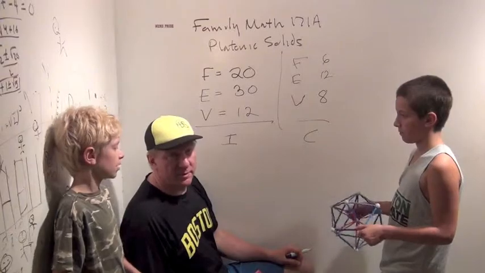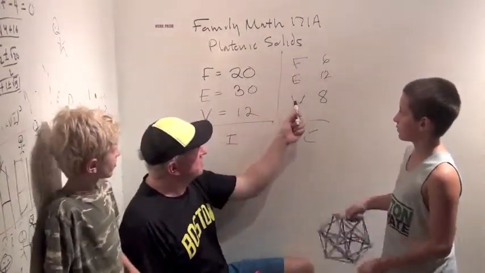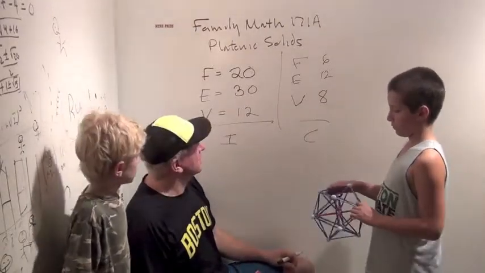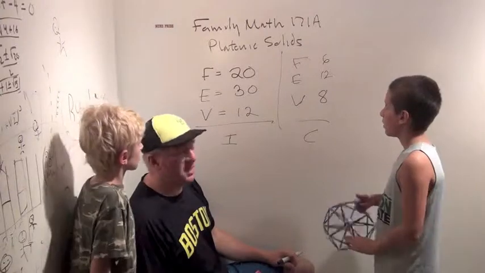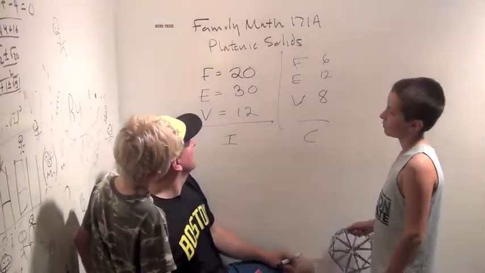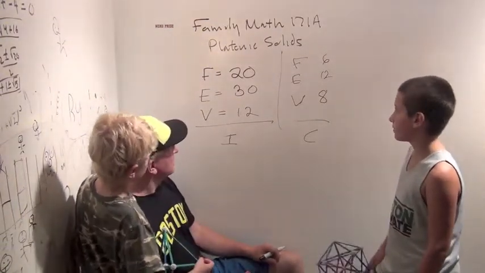You ready to see it? Yeah. So it relates the faces, edges, and the vertices. Can you see any relationship between them? It's not super easy to see. Well, they're all multiples of 2. They're all even. Yeah.